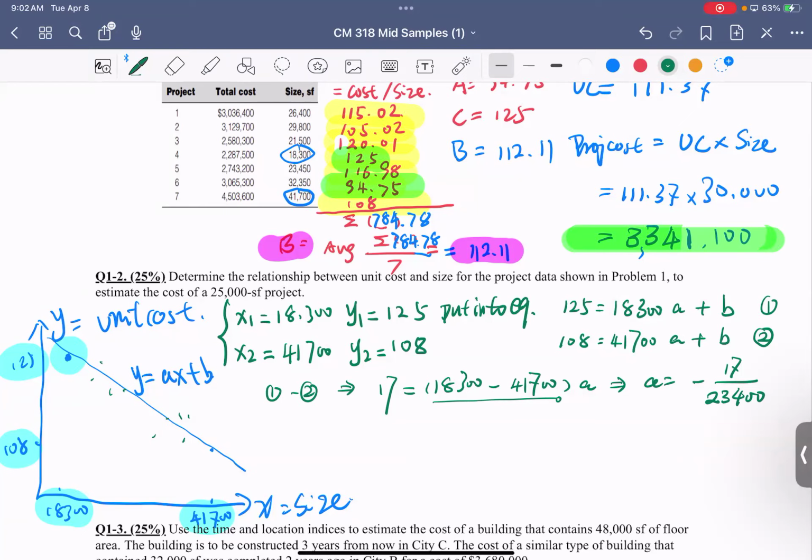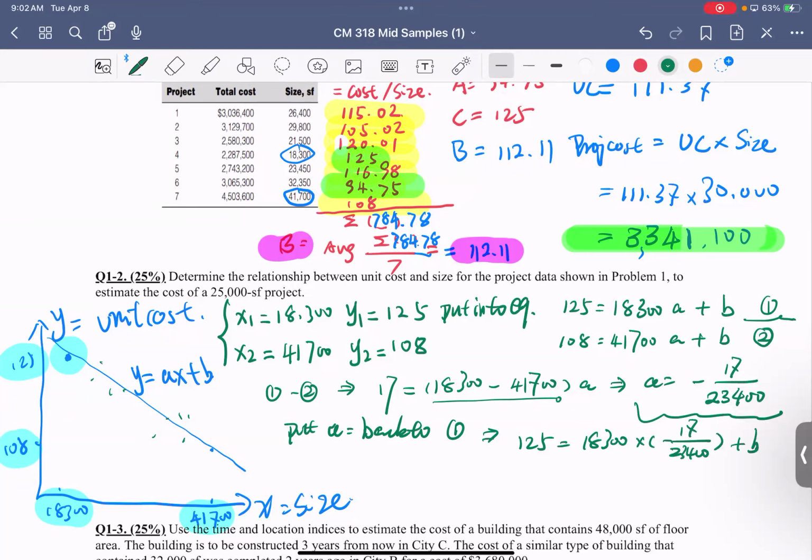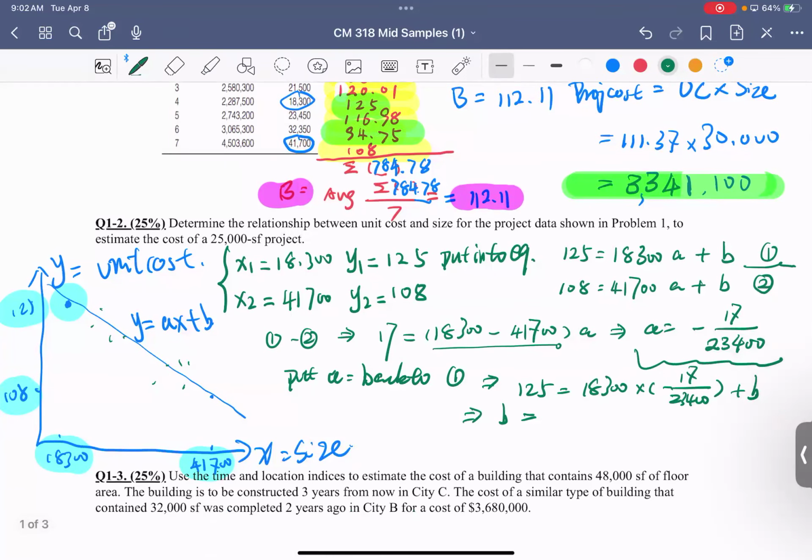So once you determine your A, then you can put A back into the first equation, right? Then you will get 125 is equal to 18,300 times negative 17 divided by this number, plus B, and you can get your B is equal to some number, right? So take a moment to get what B is here.